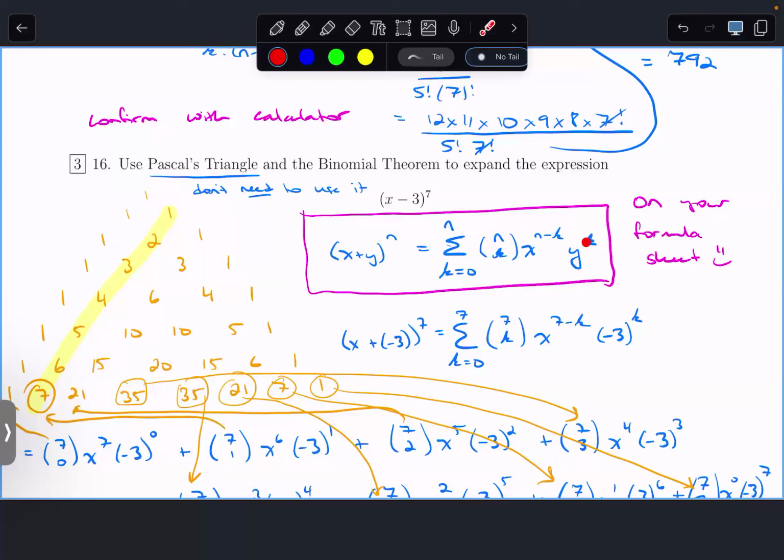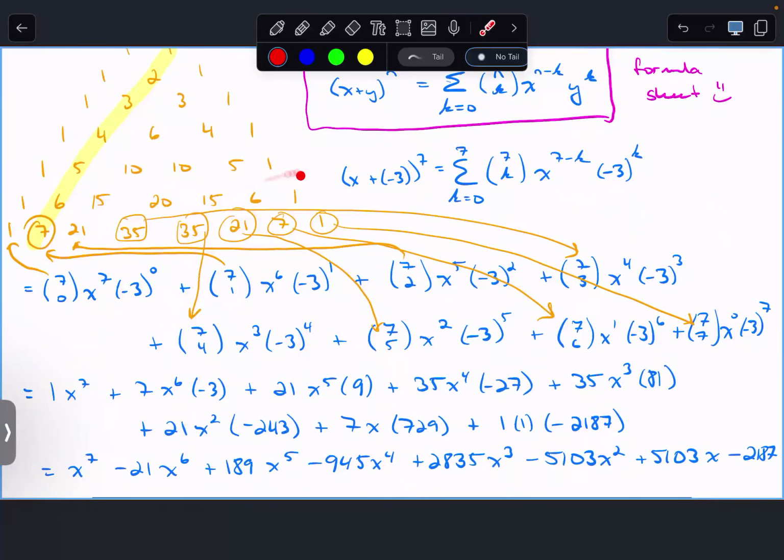But the k is going to change for each term. If you want to ignore Pascal's triangle, that's totally fine. It's just a shortcut for the choose function, so you don't really need to use it. But what this ends up looking like is you cycle through these and you sum them along the way.